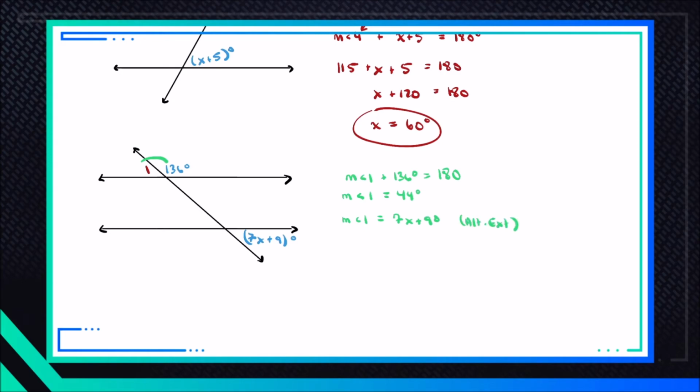We'll put that right there, alternate exterior angles. So we can set these two equal to each other, so 44 is equal to 7x plus 9. If we subtract 9 from both sides, we're going to get 35 is equal to 7x, or x is equal to 5 if you divide by 7 on both sides.